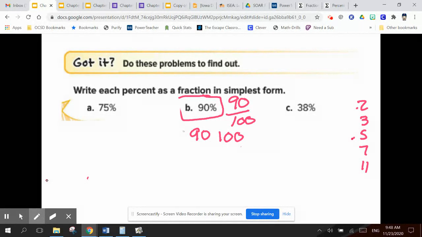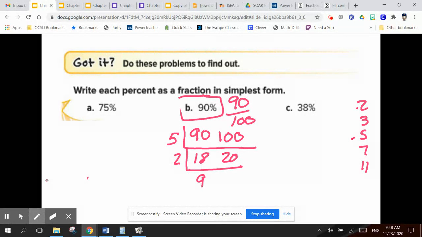To find this in simplest form, I'm going to use my pineapple upside down cake method. I know 5 is a factor. 5 times 18 is 90, and 5 times 20 is 100. I know both numbers are even numbers, so 2 is a factor.